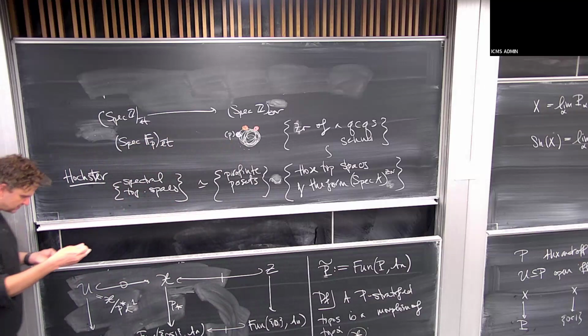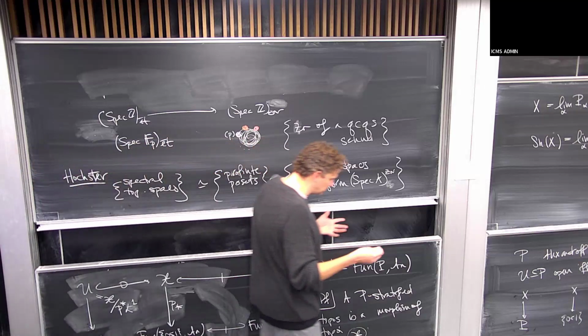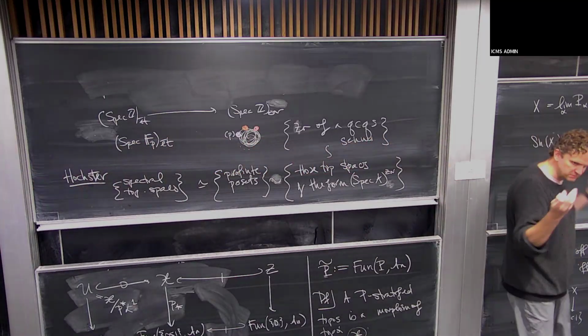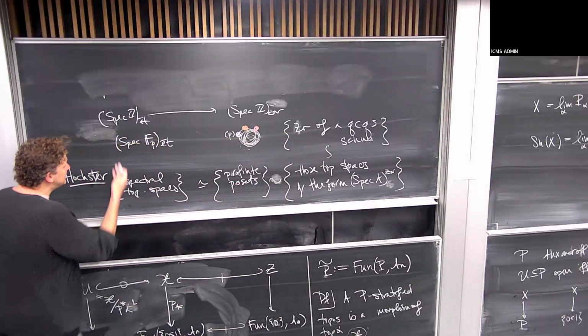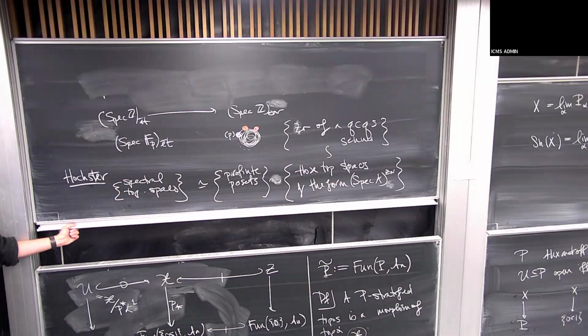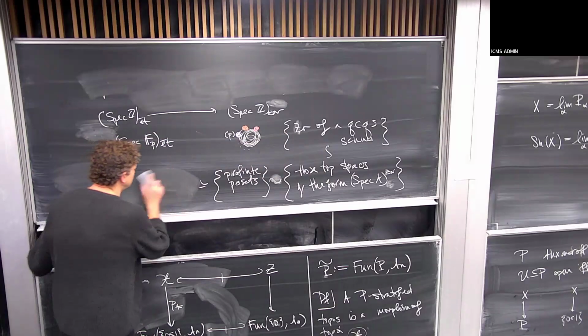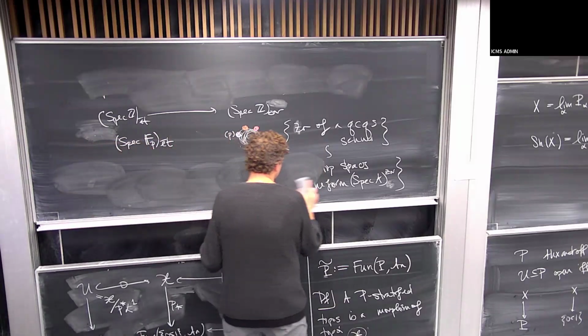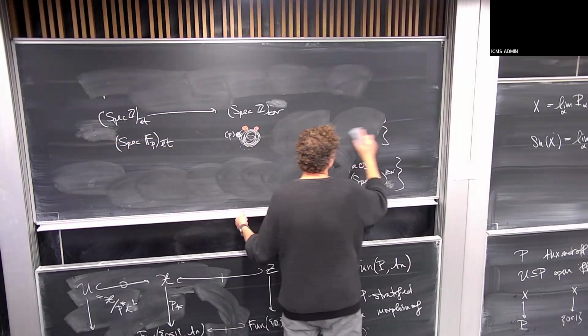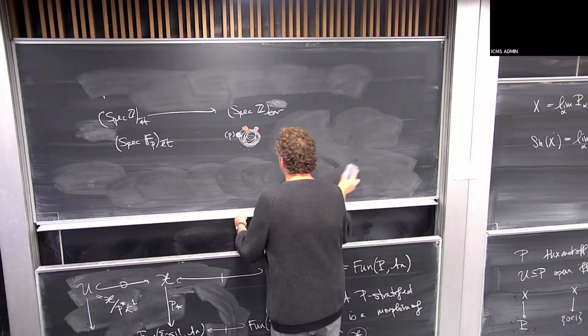Sometimes when you talk about a local system, you mean to include some finiteness conditions, but let me just skip that for the moment. I need to understand what this is. And the answer is the following. It's spaces equipped with a continuous action of the absolute Galois group.